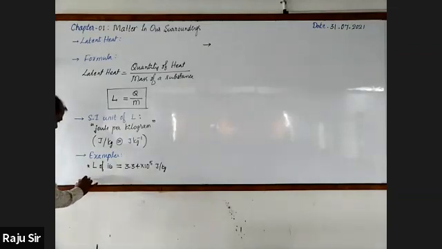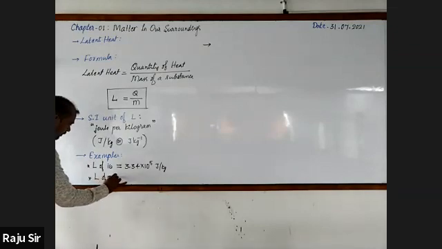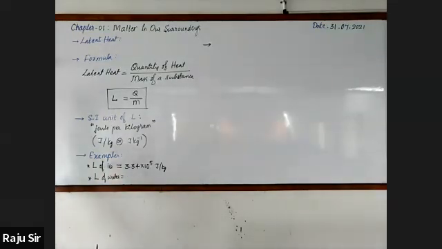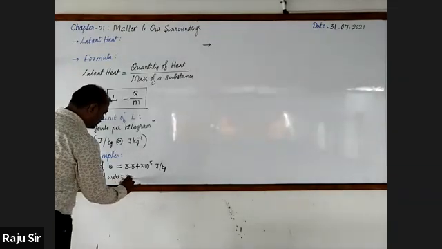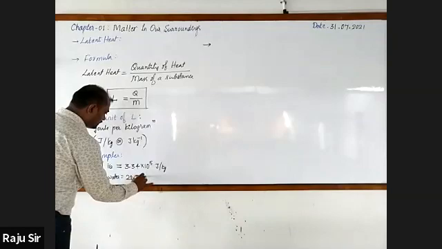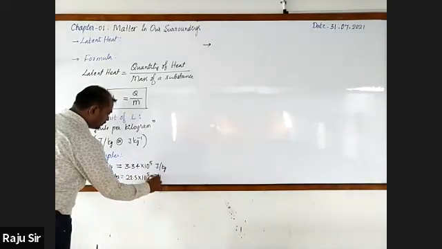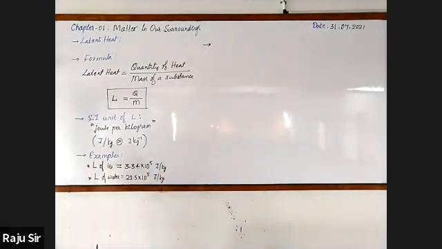Take the second example, latent heat of water. This is 22.5 into 10 raised to the power 5 joule per kilogram.